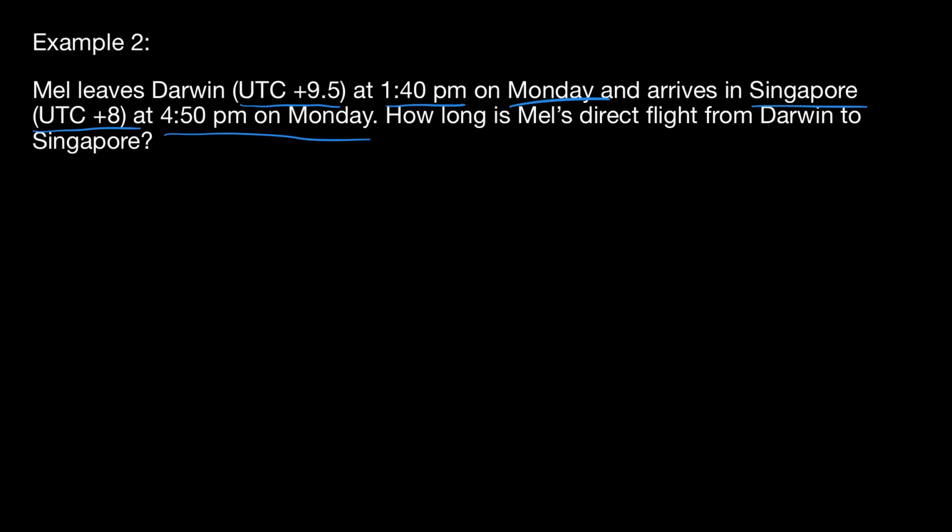If we have a look, Singapore's plus 8 and Darwin is plus 9.5. So that means that Singapore is 1.5 hours behind Darwin.